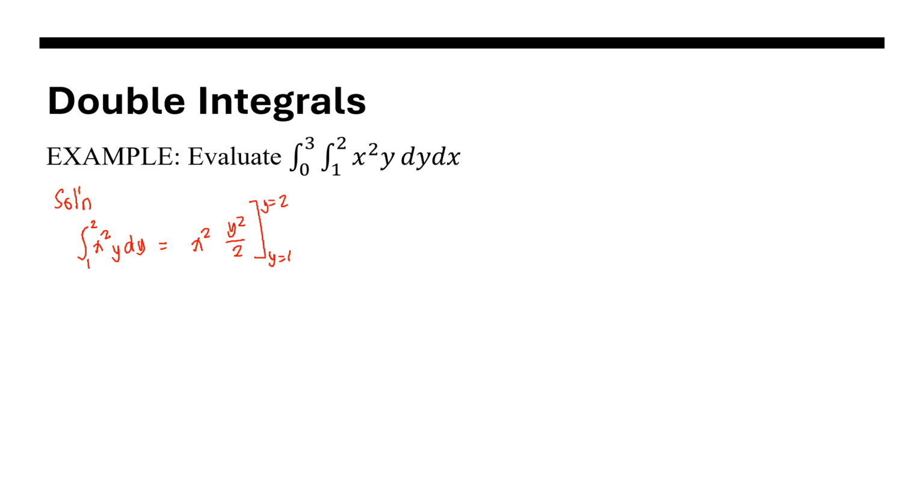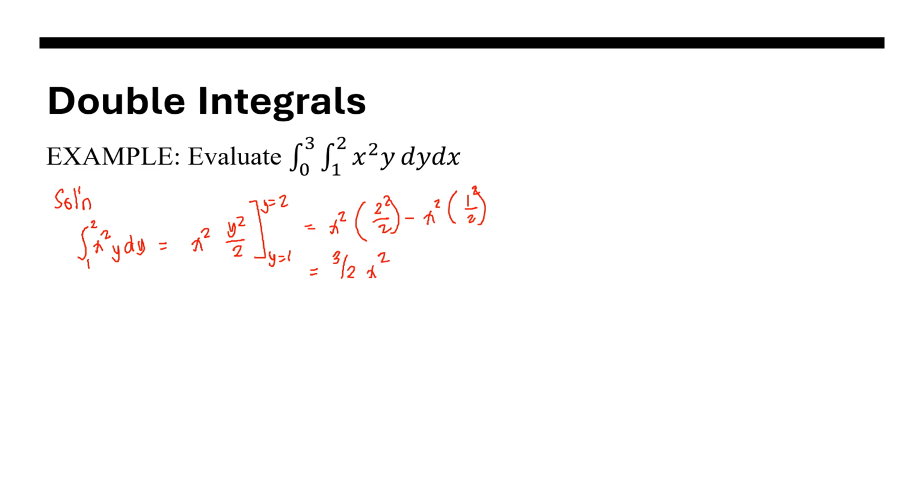So you have x squared times 2 squared over 2 minus x squared times 1 squared over 2. So that would be equal to 4 over 2 minus 1 over 2, that's 3 halves. So 3 halves x squared.